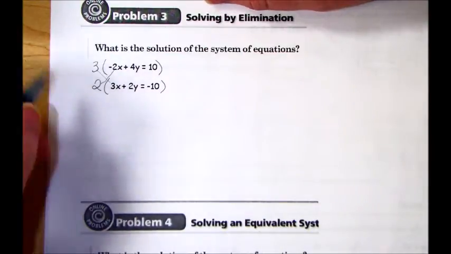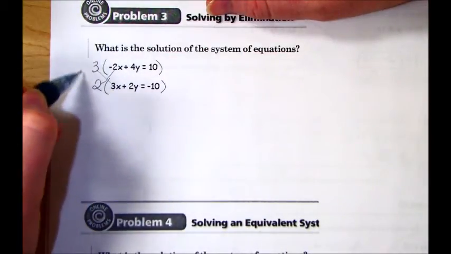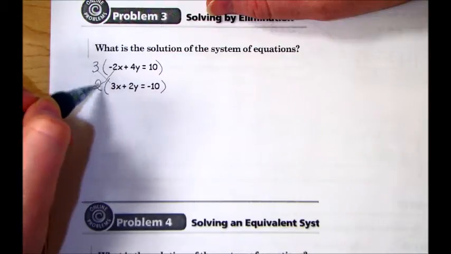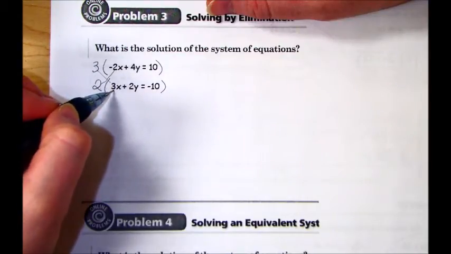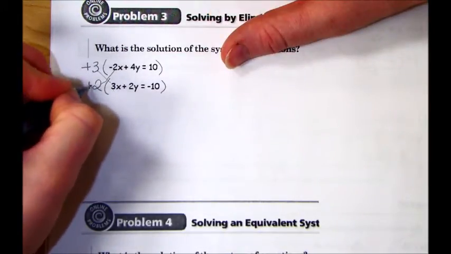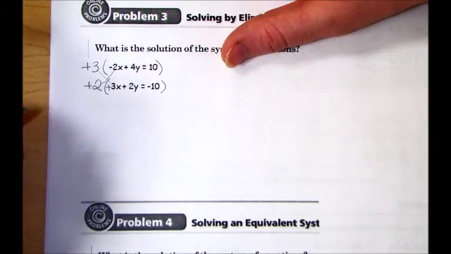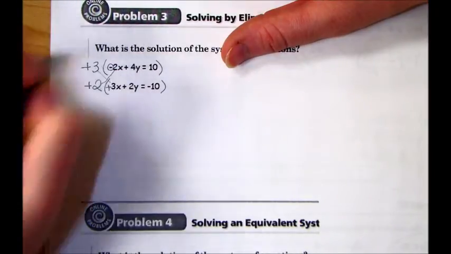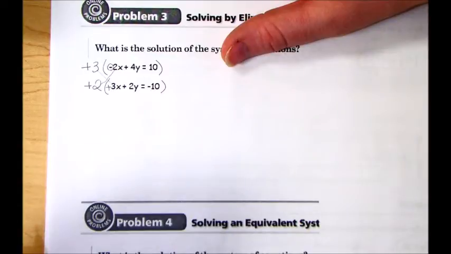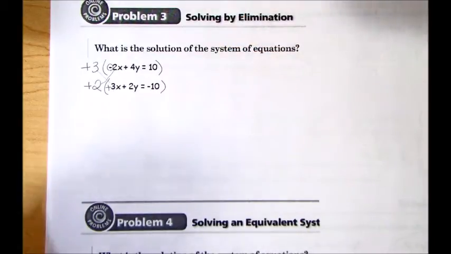Now check. Do you see these 4 numbers? 3 of them need to be one sign. See how 3 of them are positive? 1 of them needs to be an opposite sign. See how that one's negative? That's what you need to check.